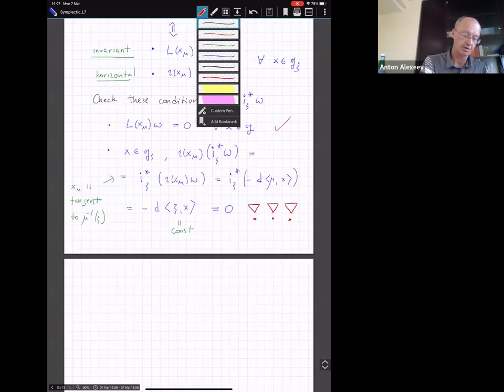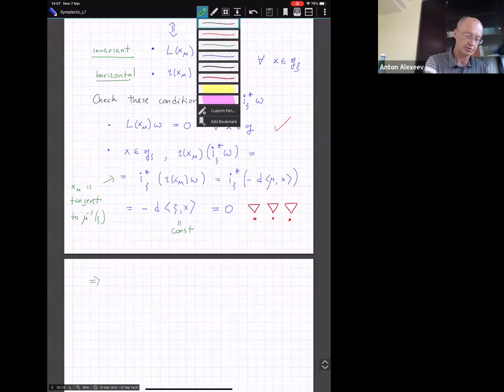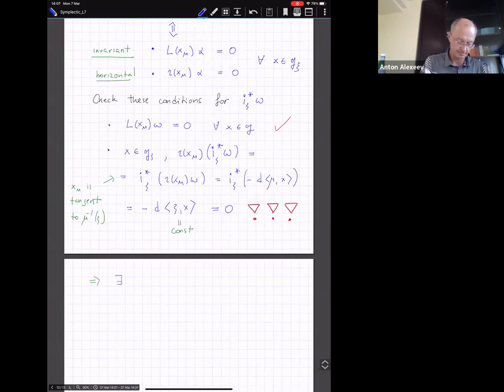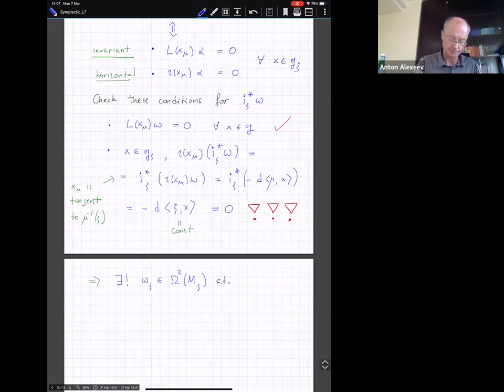So here is our intermediate conclusion. There is a unique two form omega psi on M psi such that pi psi star omega psi is equal to iota star omega.